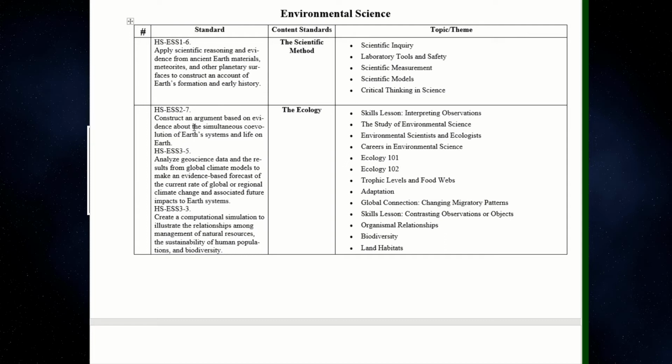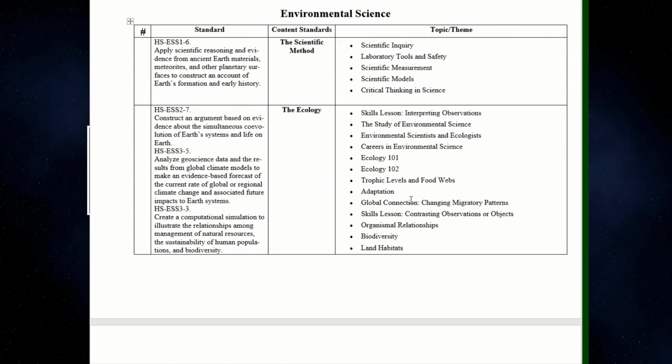Similarly, I have picked another standard, because I want to teach ecology. Here you can see: construct an argument based on evidence about the similarities in earth systems and life. Second, analyze geoscience data and the results from global climate models.